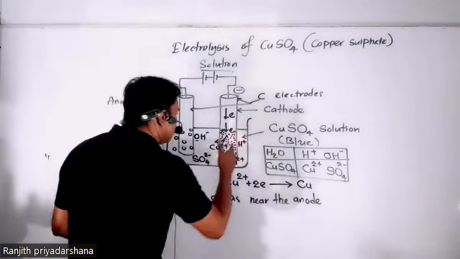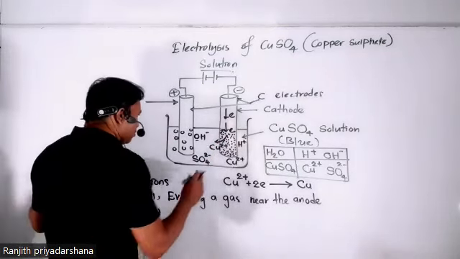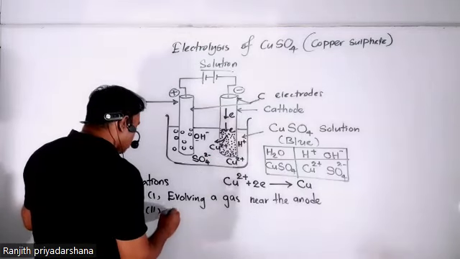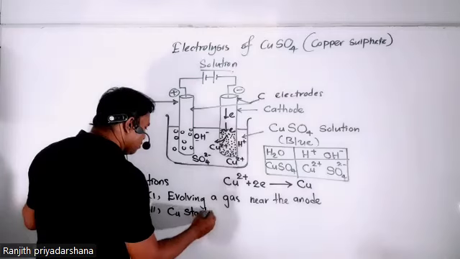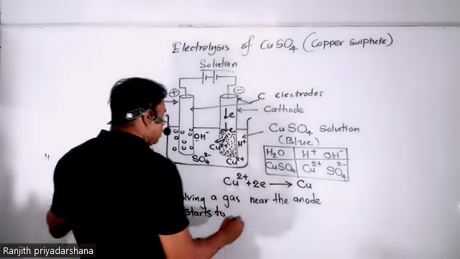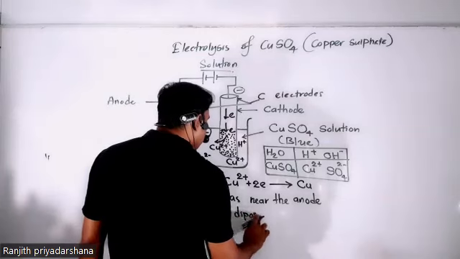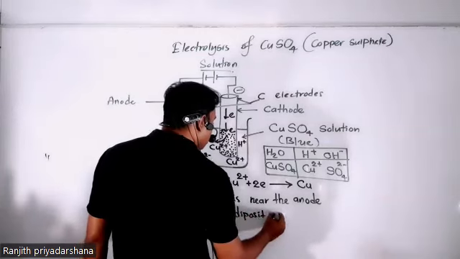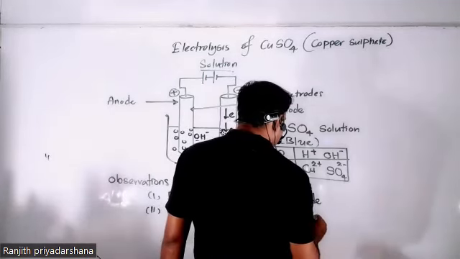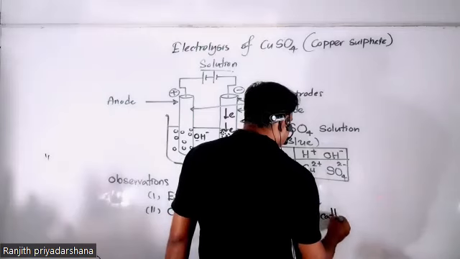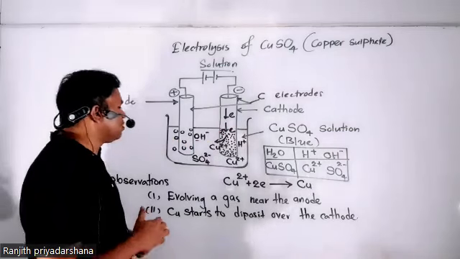Another thing you can see at the cathode: copper starts to deposit over the cathode.